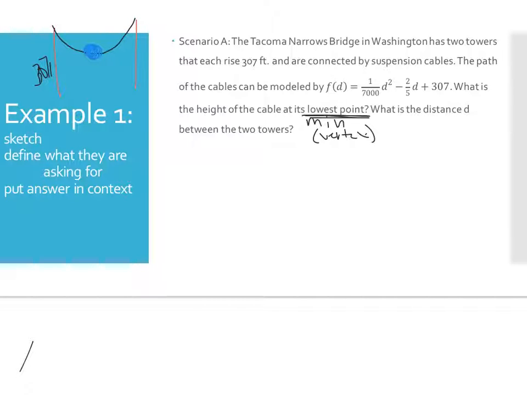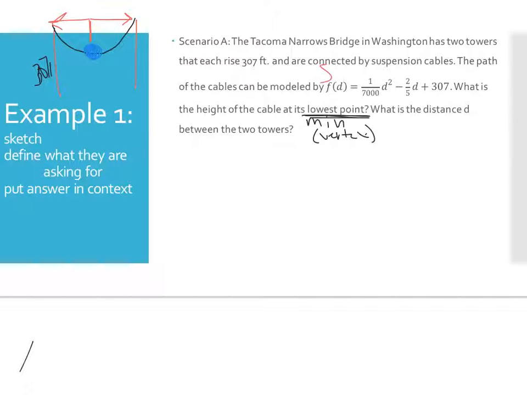And we also know, just by common sense, our use of physics, and the way things work in the real world, that the distance from my vertex to this tower is going to be the exact same as the distance from my vertex to this tower. So once I figure out where my vertex is, I can figure out how far away the 2 towers are.